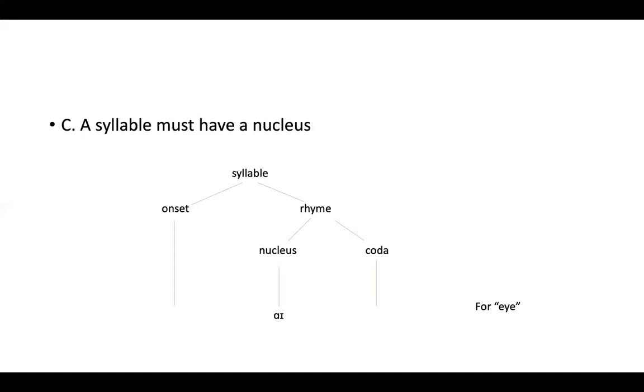Third, a constraint of the English language is a syllable may not have an onset, may not have a coda, but it must have a nucleus. For example, the word I, we don't have an onset or a coda, but we only have the nucleus, which is the vowel sound.